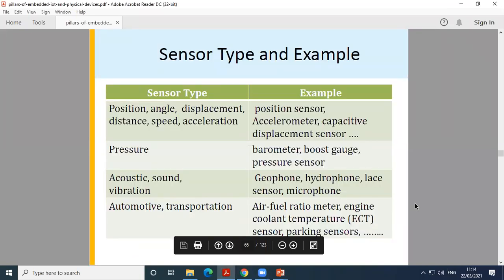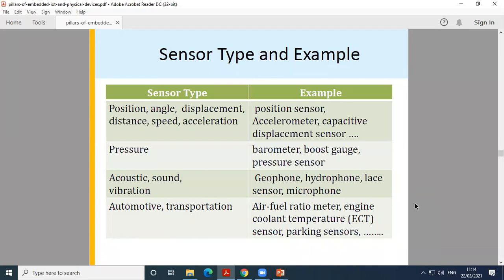For position, angle, displacement, distance, speed, and acceleration, the sensors are position sensor, accelerometer, and capacitive displacement sensors. For pressure, we have the barometer, boost gauge, or pressure sensor.